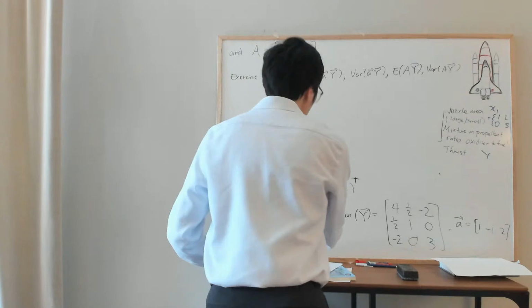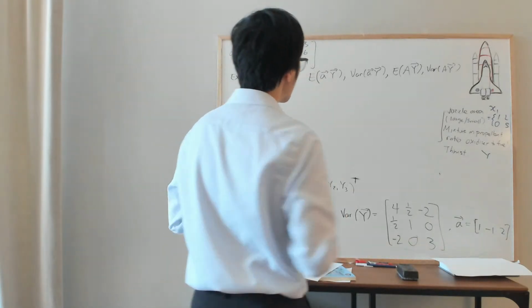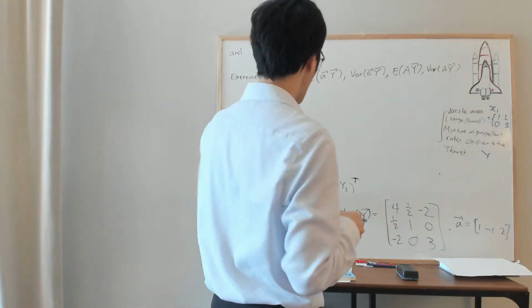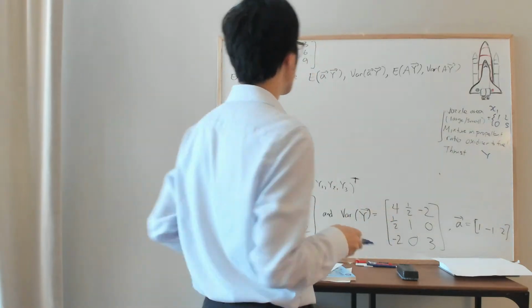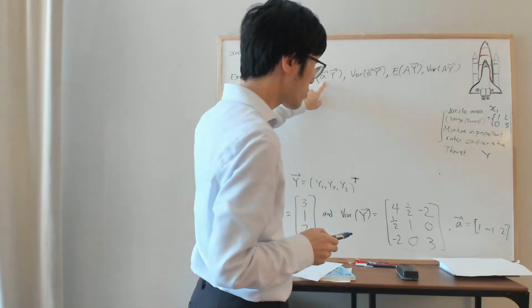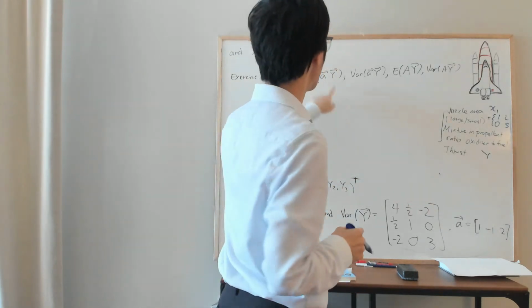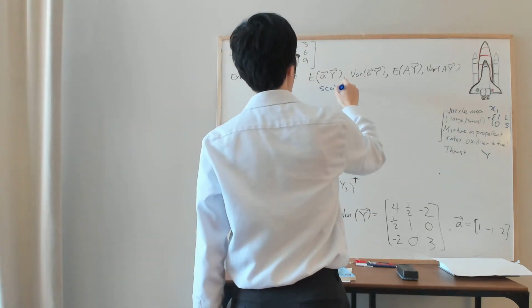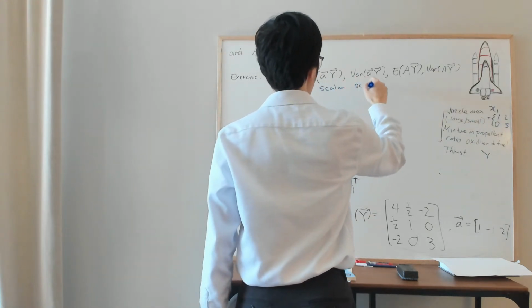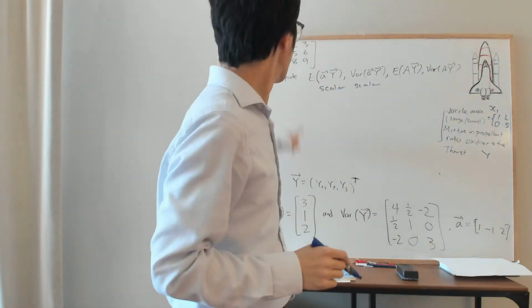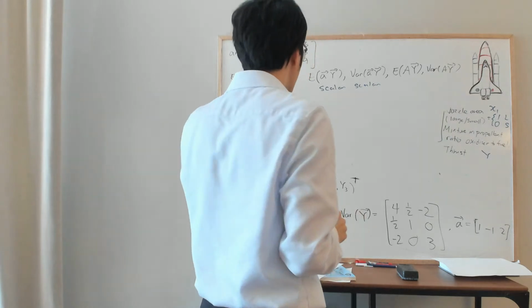Okay, so let's do a couple of these. Remember that in this case, y has 3 dimensions. So this one is a 1 by 3 times a 3 by 1, so this is just a scalar, and this is just a scalar. And then what about here? This is the matrix.